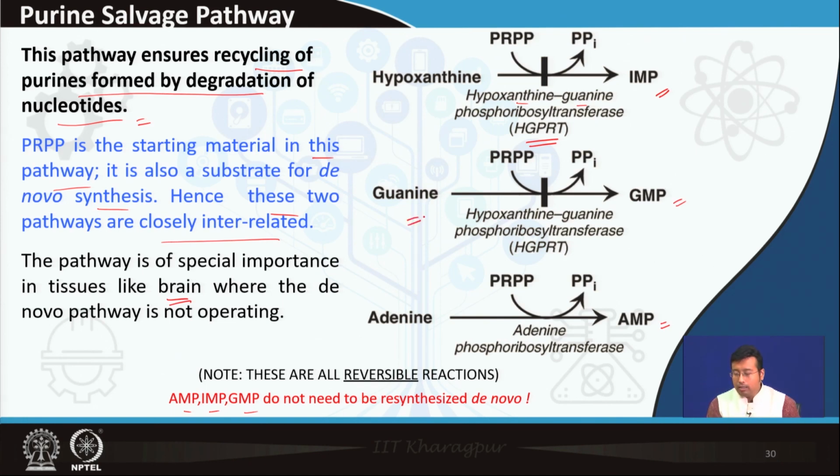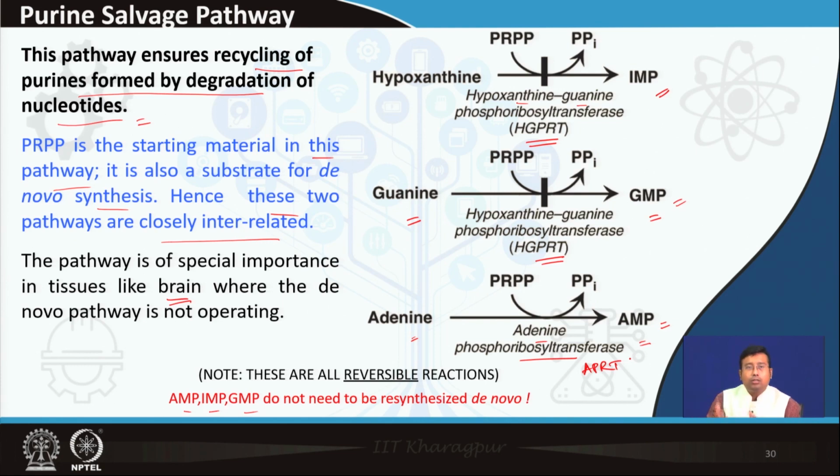Next, guanine is converted to GMP by again the same enzyme, hypoxanthine guanine phosphoribosyl transferase, and adenine can be converted to AMP via the enzyme adenine phosphoribosyl transferase or APRT. So, basically knowing 3 reactions, we know the purine salvage pathway.